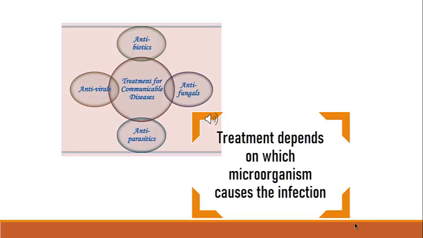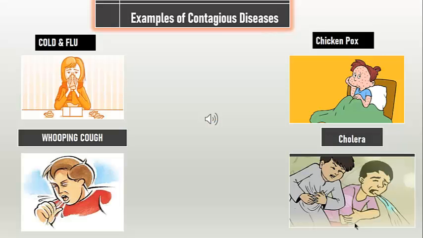For example, if the disease is bacterial, we use antibiotics or antibacterial drugs. If a virus causes the disease, we use antivirals. If parasites cause the disease, we use antiparasitic medicines. And if fungi are the reason, we can use antifungal medicines.